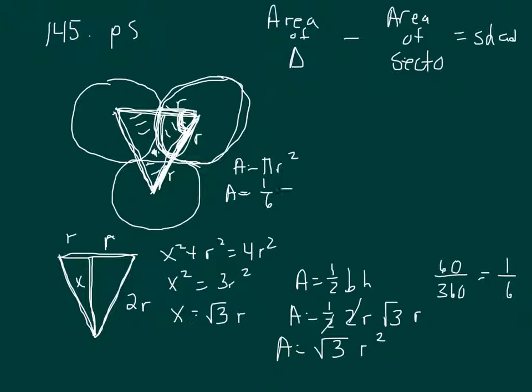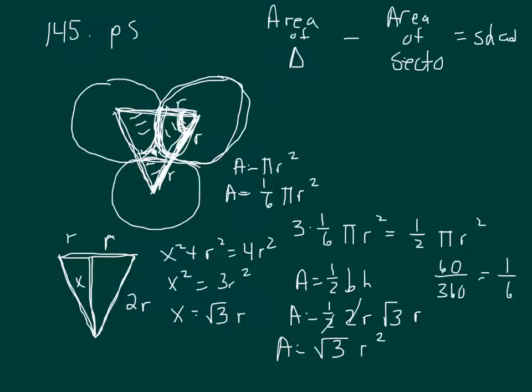So it's 1/6 pi r squared. But how many of these sectors do we have? We have 3 of them, so I need to multiply that by 3. 3 times 1/6 pi r squared is 1/2 pi r squared.